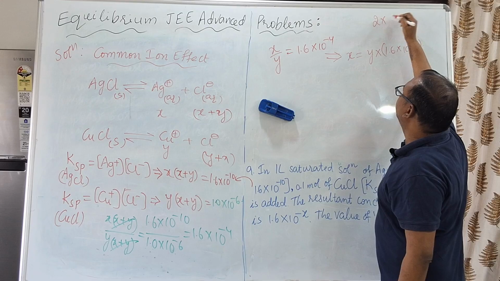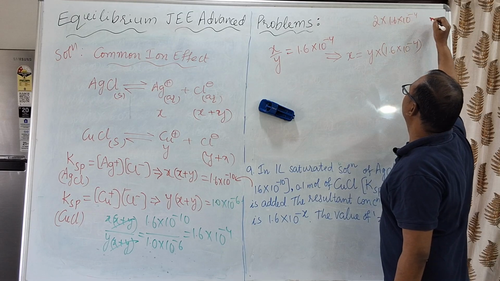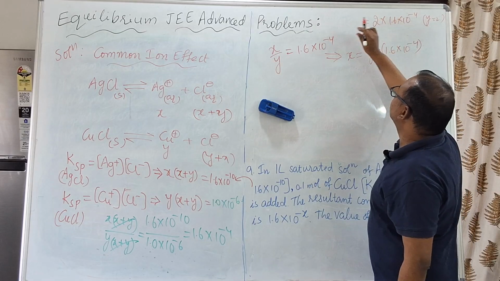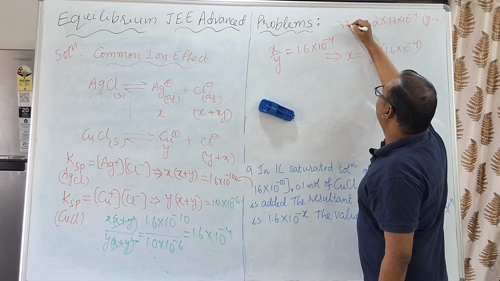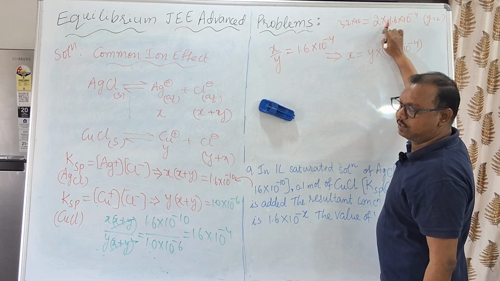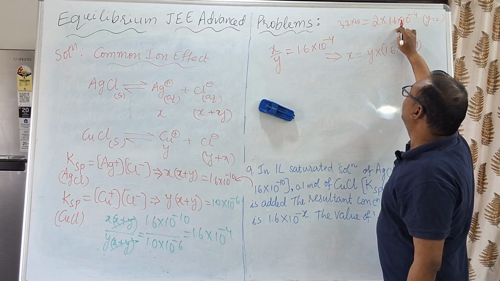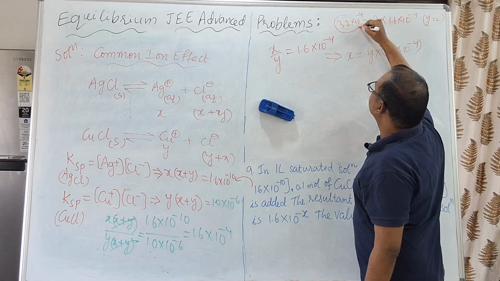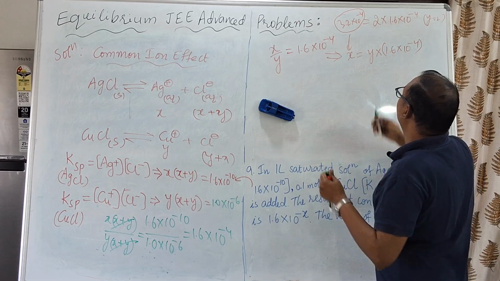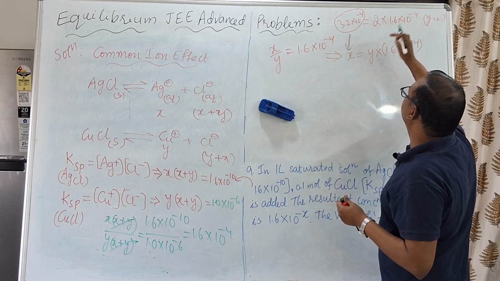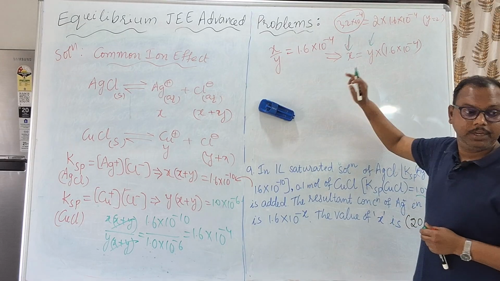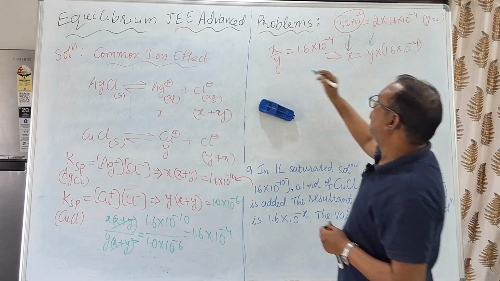Then the x value becomes 2 into 1.6 into 10 power minus 4, which is 3.2 into 10 power minus 4, because 1.6 into 2 is 3.2. So the overall x value is 3.2 into 10 power minus 4 and y is 2 here. Therefore, from this we can conclude that x is very small compared to y.